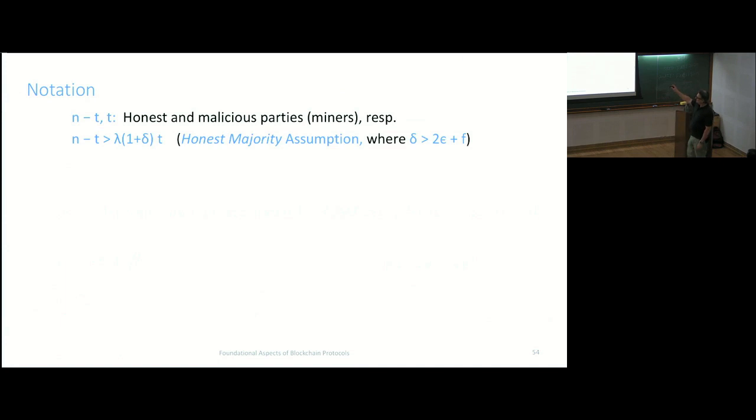We want to say that the number of honest parties is bigger than t by this much. For now we don't care, but think of lambda being 1 or bigger, and that means that n minus t is going to be more than t. This lambda is going to come up later.